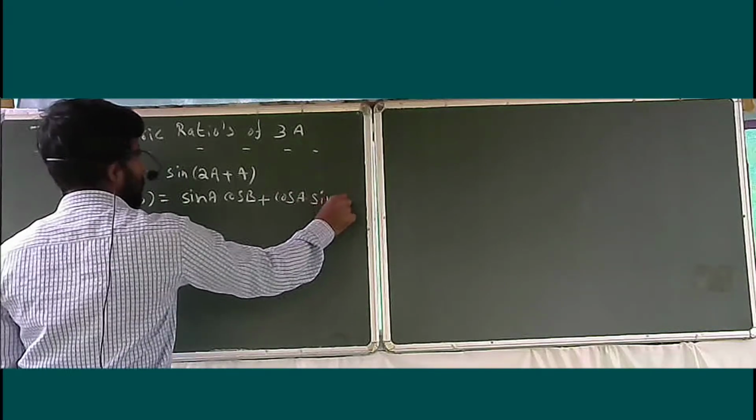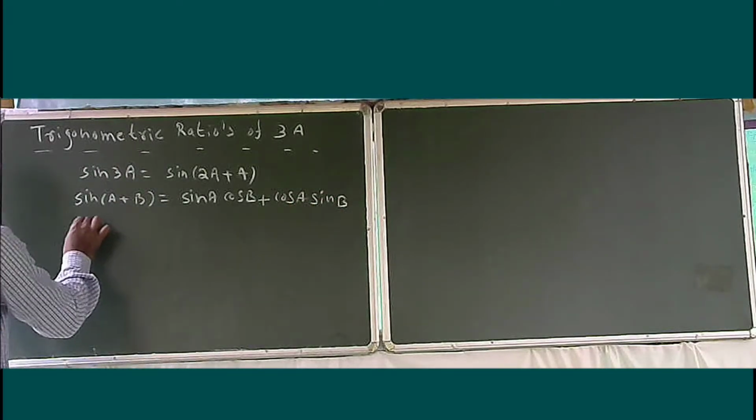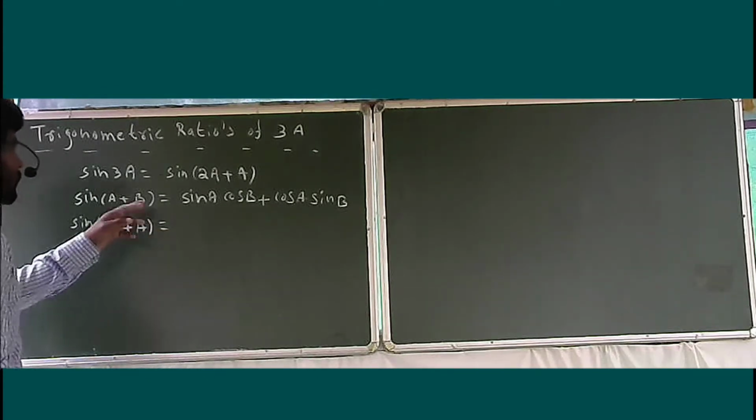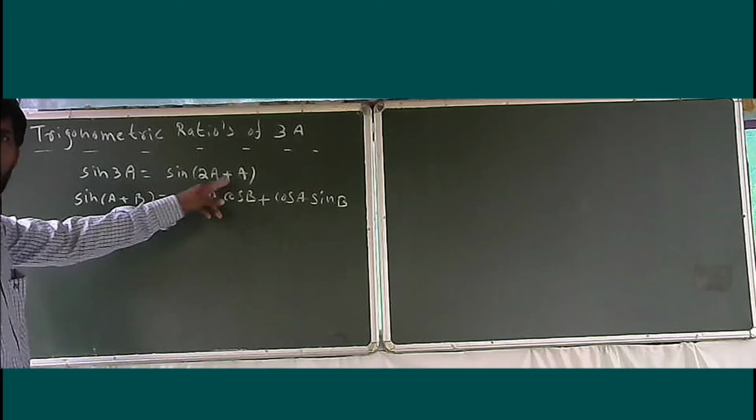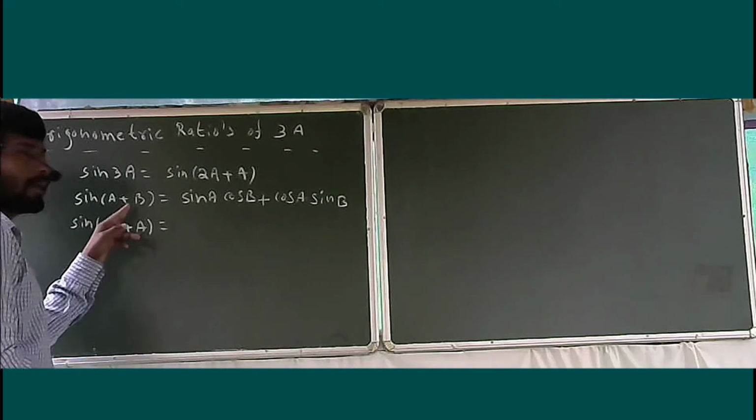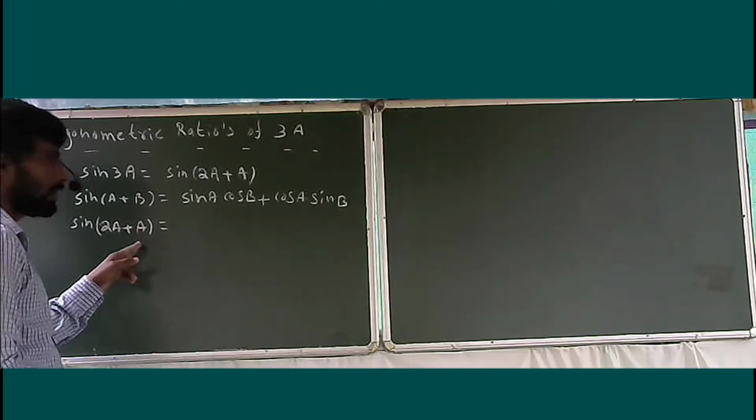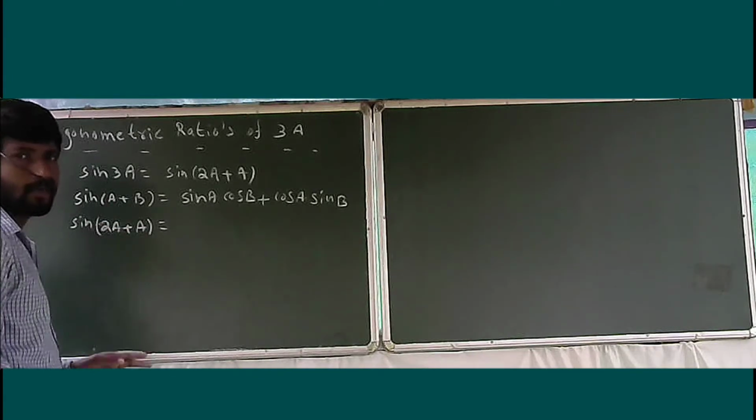Sine of A plus B is equal to sine A cos B plus cos A sine B. In the next step, sine of 2A plus A, you can write it as A plus 2A or 2A plus A. It's same by commutative property. So here I am taking angle A is equal to 2A and angle B is equal to A. You can prove that by taking B is equal to 2A and A is equal to A also.